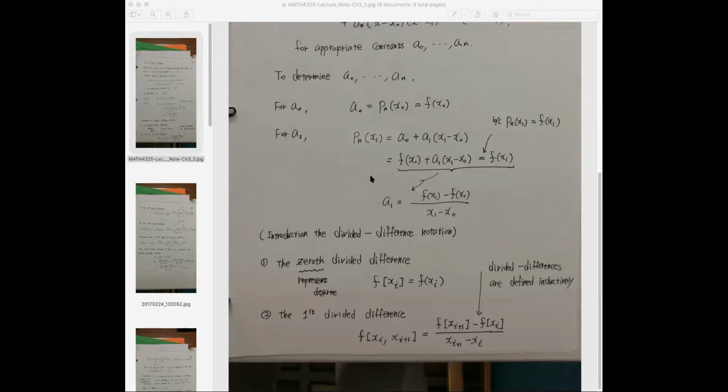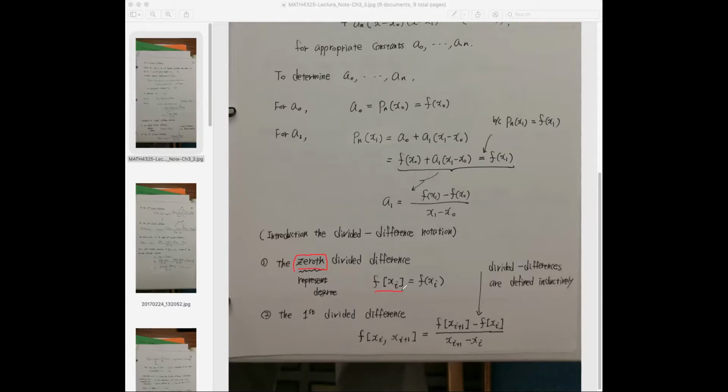That leads us to the divided difference algorithm. First, I'm going to introduce the divided difference notation. The zeroth divided difference, zeroth means the degree is 0, f of bracket xi, keep in mind that this doesn't mean the function value at xi.